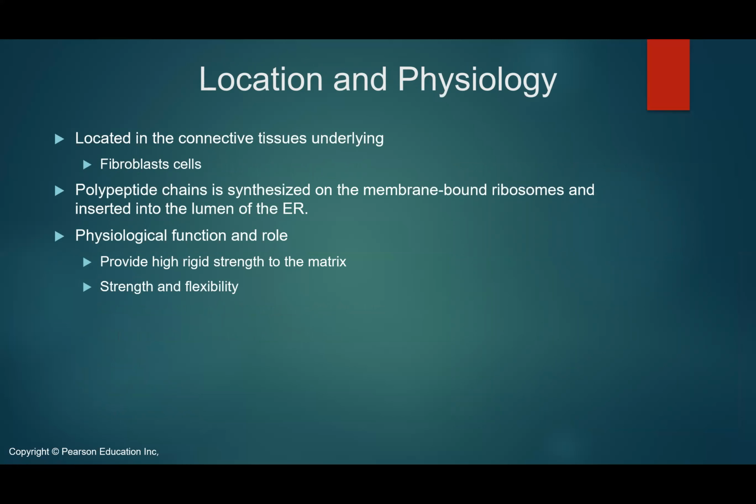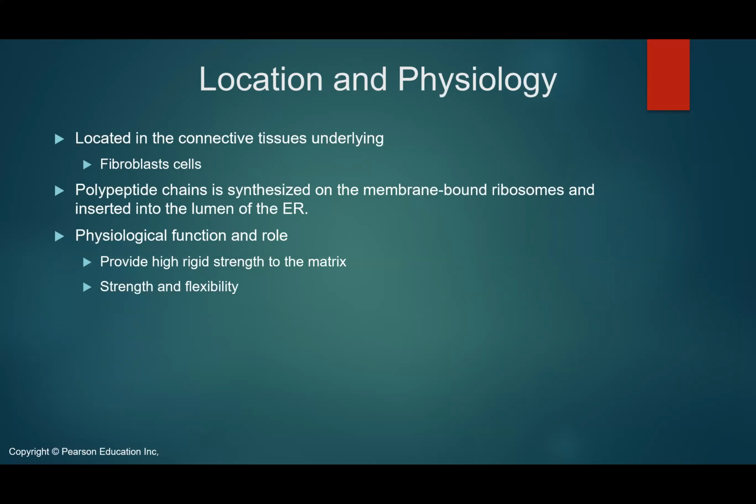Now, let's dive into the location in specific organisms and specific cells, and what is the physiological function and role of collagen. In animals, collagen is secreted in most connective tissue cells, which underlie the epithelium. Those tissues contain a variety of cells, and one specific cell that I put here is the fibroblast cell, which secretes collagen and is abundant in the extracellular matrix.